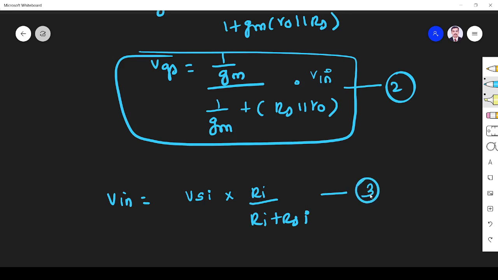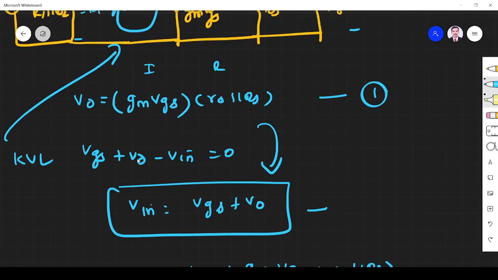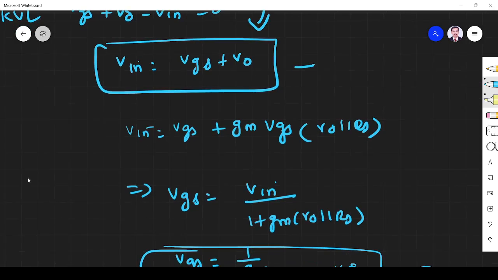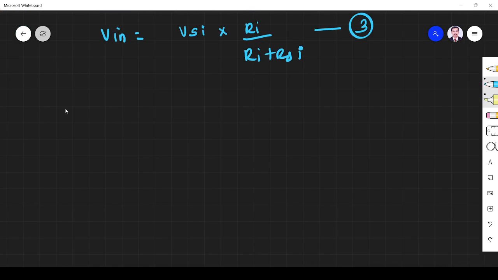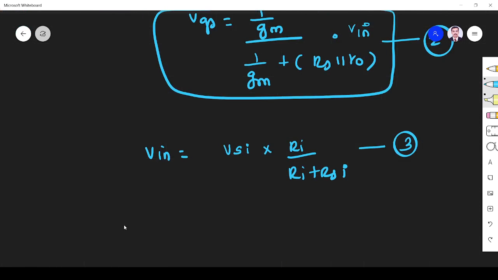This is 3, right? So this Vn you substitute here and substitute this VGS in equation number 1. That means substitute 2 and 3 in 1.